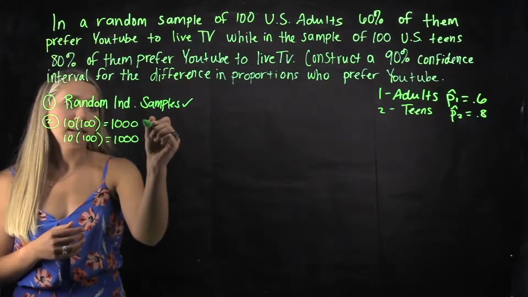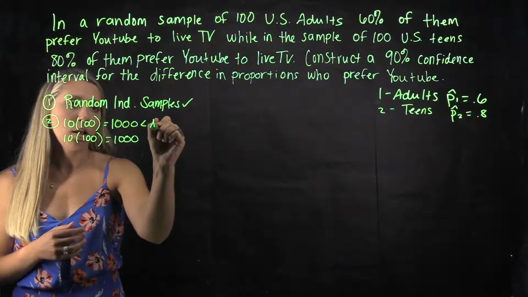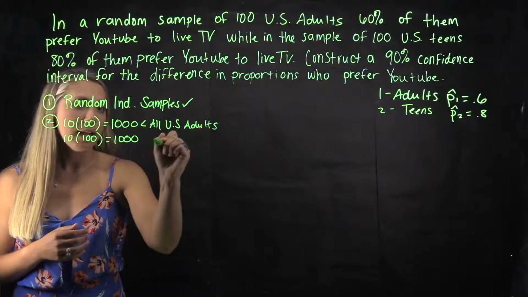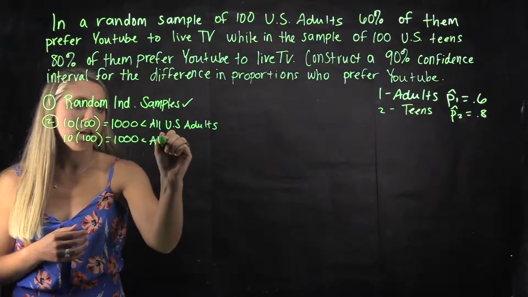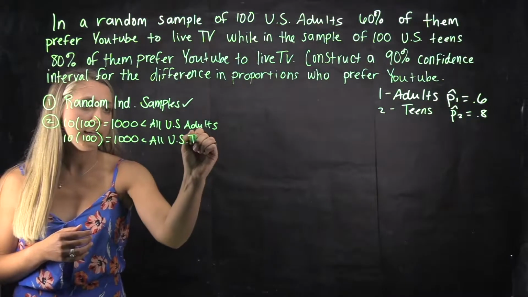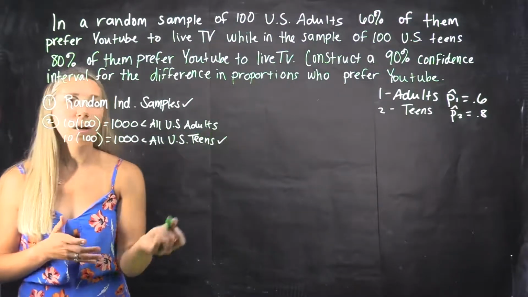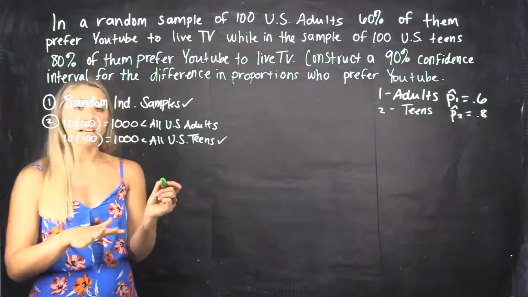So 1,000 is less than all US adults, and it's also less than all US teens. So our second condition's checked.